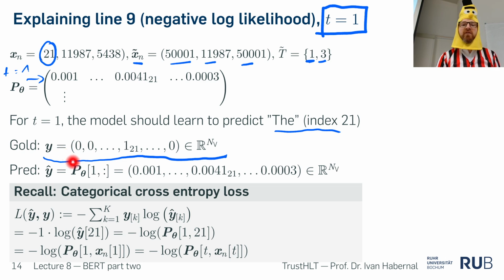One-hot encoding of cat is this vector. Position 21 corresponds to the index. Okay, so this is the gold standard. The prediction is this vector. The first row in the matrix corresponds to this vector, and they have the same dimensionality. This is what's coming out of the network, and this is what the gold standard should be.